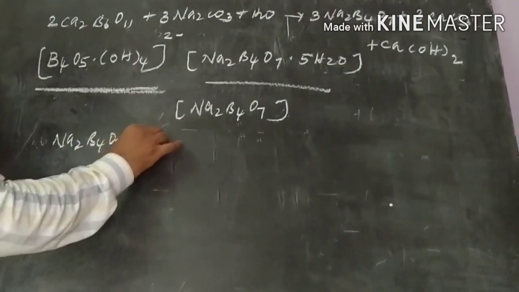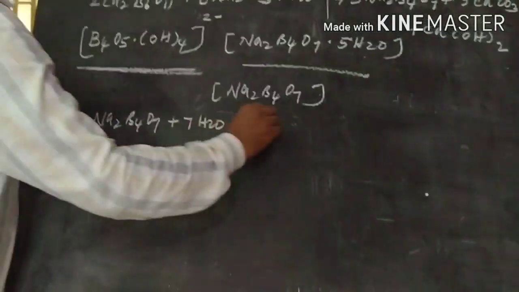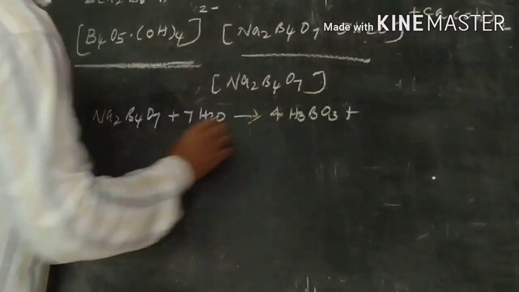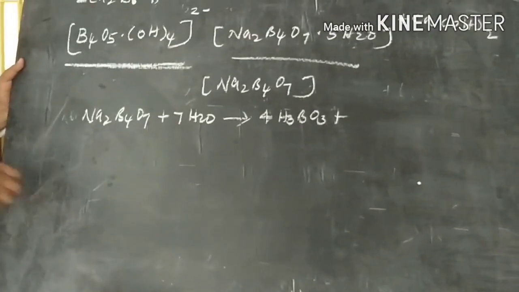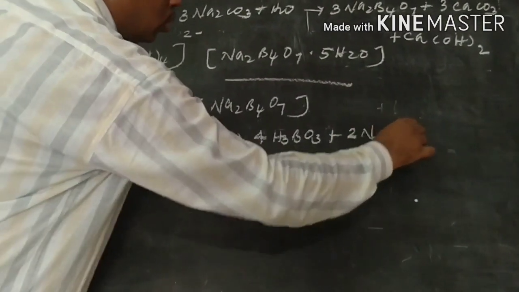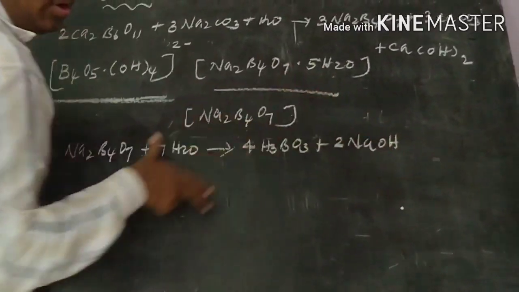Na2B4O7 plus 7H2O gives 4 moles of H3BO3, that is boric acid, plus 2 moles of NaOH, sodium hydroxide.